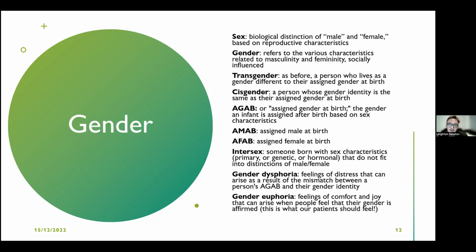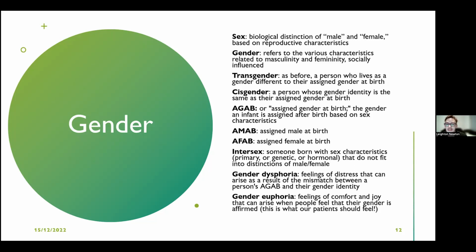Your assigned gender at birth, or AGAB, is the gender that an infant is assigned after birth based on sex characteristics. So after your birth, when someone says it's a boy, that's your assigned gender at birth. So if someone says it's a boy, that means you're assigned male at birth. If it's the other way around, and you're assigned female at birth, that's AFAB.